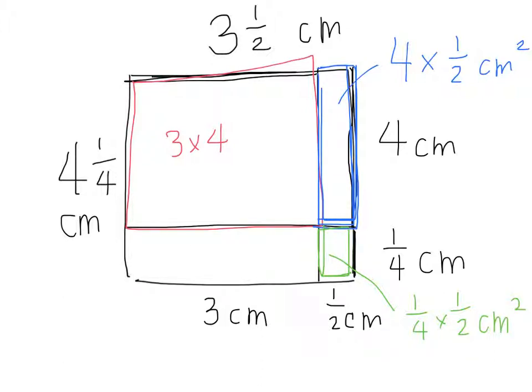Okay, last but not least, what is the area of this one? Michaela? Times 1/4 centimeters. Good. So I could find the area of the whole thing by doing 3.5 centimeters times 4 1/4 centimeters, or I could add up these 4 areas.